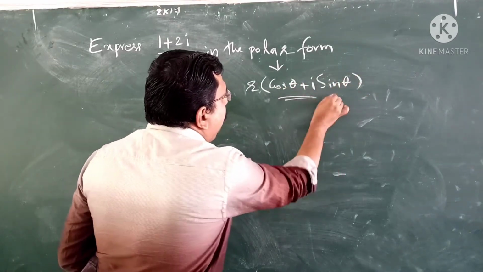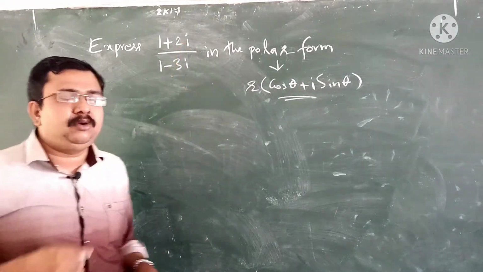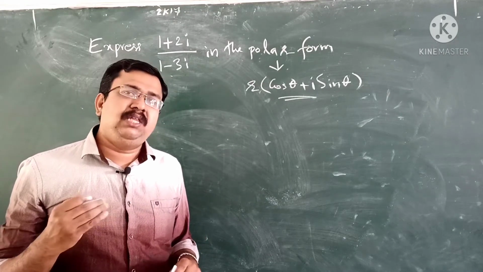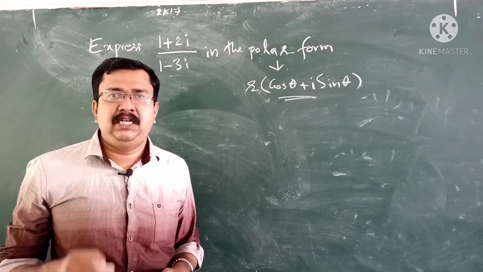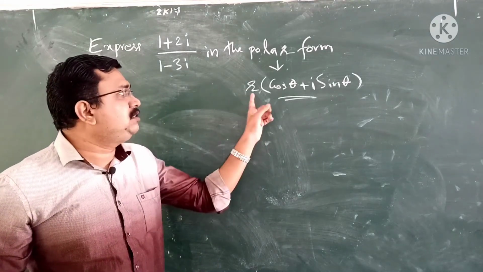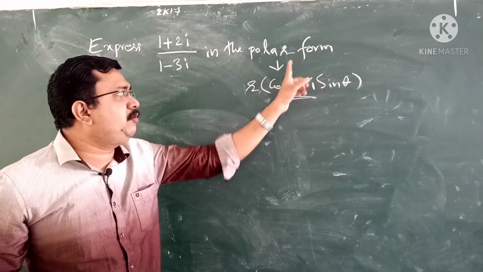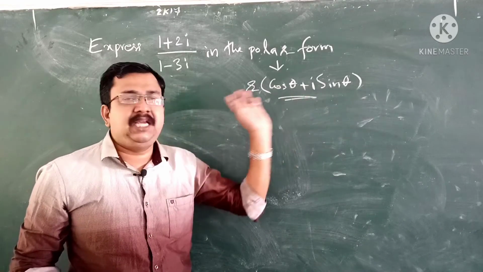First, we convert this complex number into the form a + ib. Then we find the values of r, the modulus, and the argument theta. Then we can write it in this form. This is called the polar form.